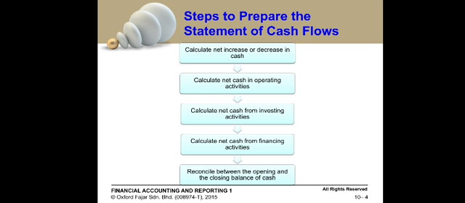The second one is the balance sheet, and then the statement of equity, and then the statement of cash flow. The income statement, balance sheet and statement of equity are prepared using accrual basis.